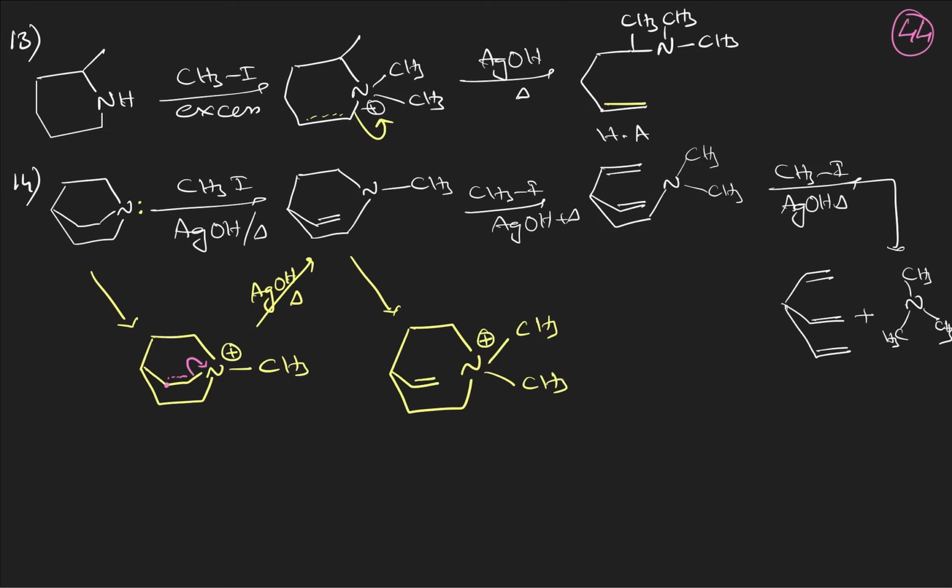Plus like this. Now this, by heating with a silver hydroxide base, again there will be removal of trialkyl amine and double bond formation here. This is the beta carbon here. So you got this alkene. Now again this is a tertiary amine.